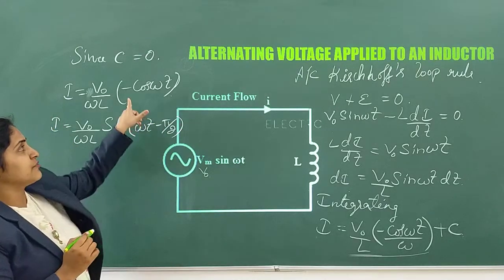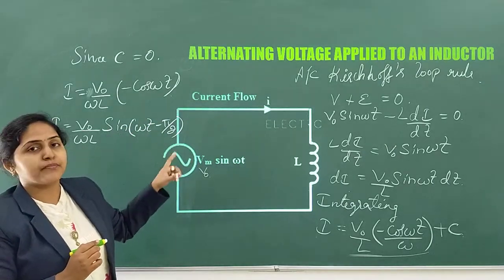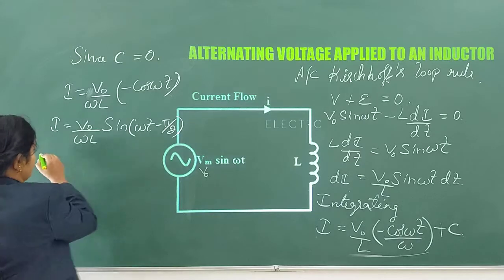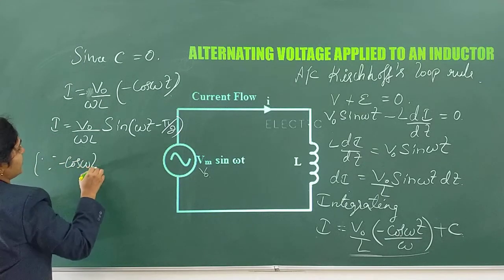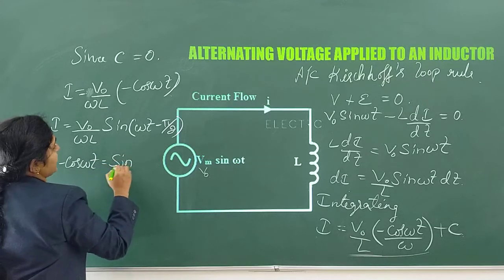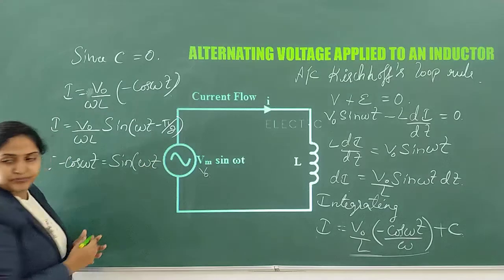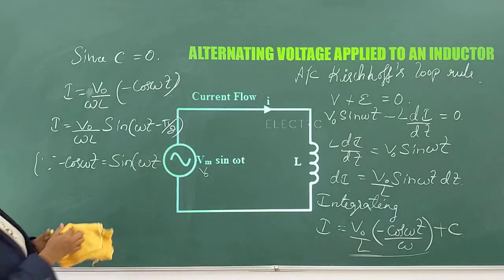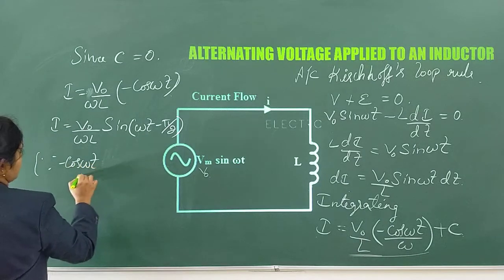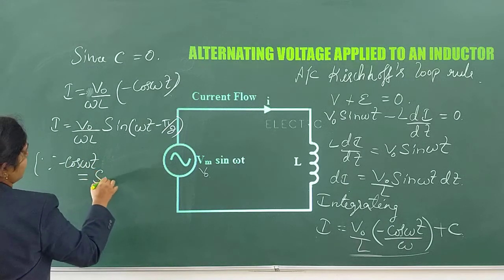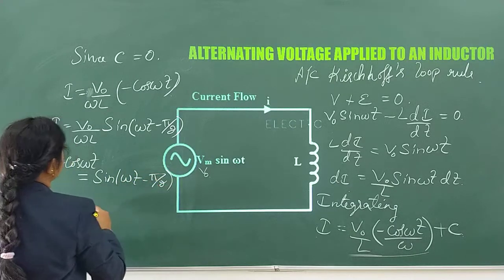I have replaced this minus cos omega t by sin of omega t minus pi by 2, because minus cos omega t equals sin of theta minus 90 degrees, that is omega t minus pi by 2.